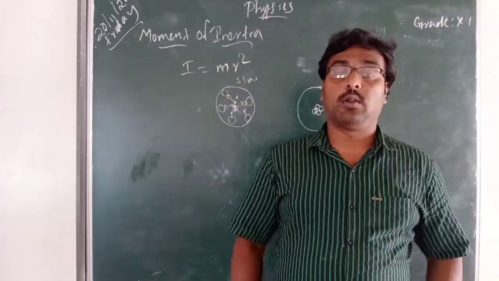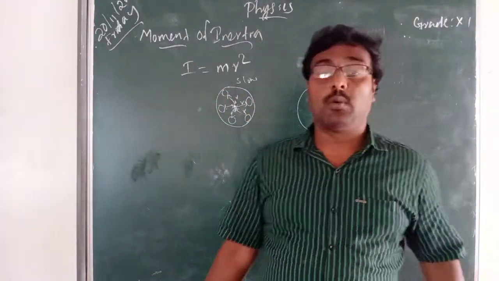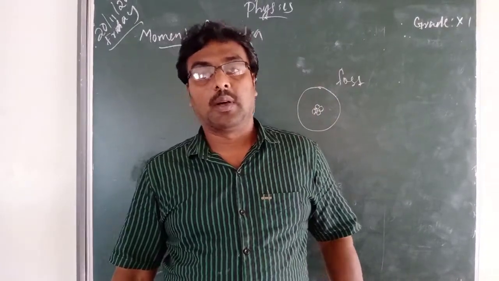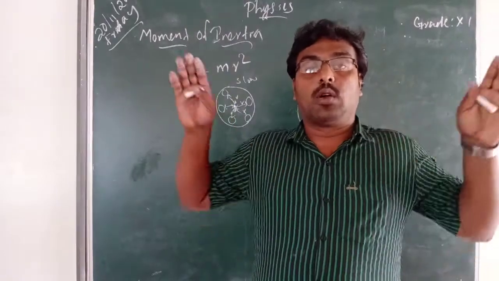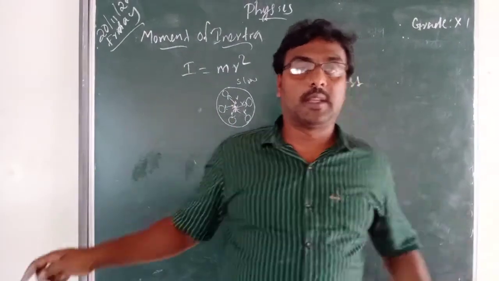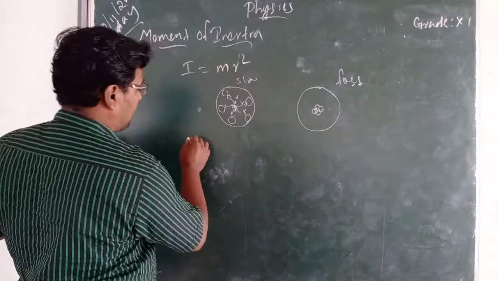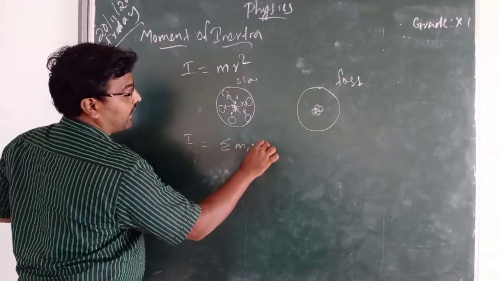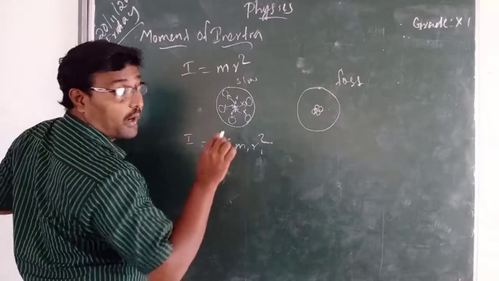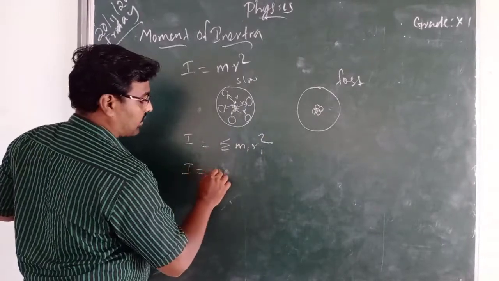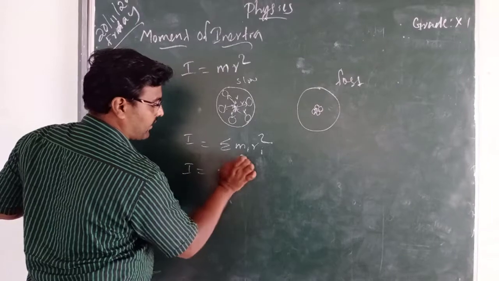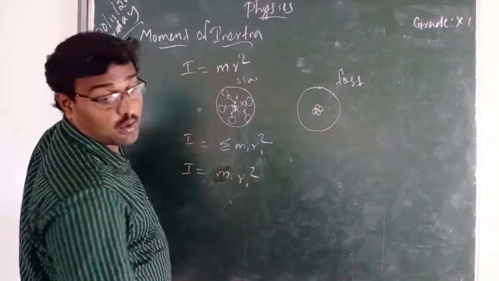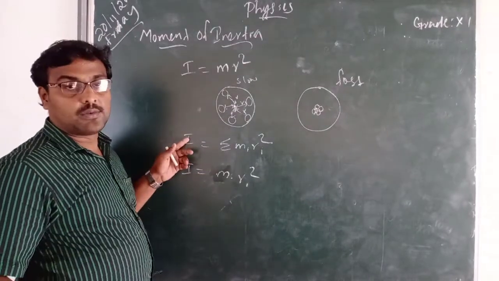Now to find the moment of inertia, we use the formula I is equal to mr square. For a bulk object, we use I is equal to sigma m_i r_i square. For a point mass, we use I is equal to m r square.